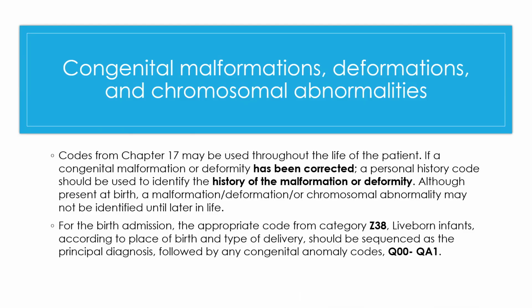When the code assignment specifically identifies the malformation, deformation, or chromosomal abnormality, manifestations that are an inherent component of the anomaly should not be coded separately. Additional codes should be assigned for the manifestations that are not an inherent component.